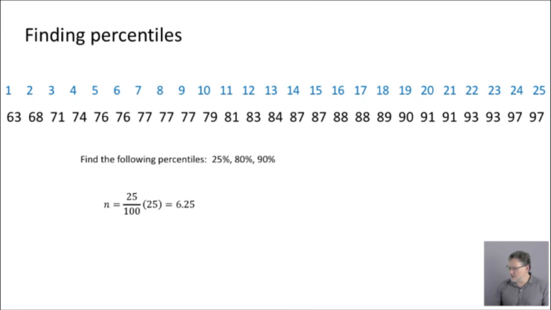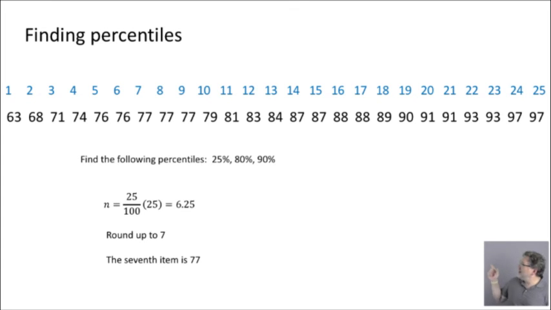What I'm showing you here is 25 over 100, so we're first looking at the 25th percentile. 25 over 100, that's 25%, times the number of data points that we're working with, which is 25. If you put all of that together, you get a value of 6.25. That's supposed to define which number to look at, and we round that up to 7. So it's the 7th data element that is our 25th percentile.